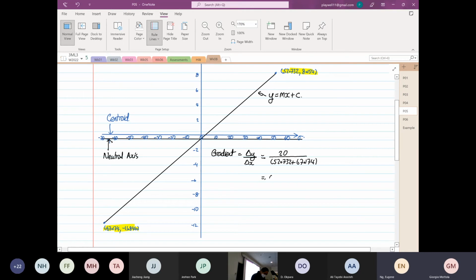It's equal to 166.797, okay, times 10 to the power minus 3. So that's the gradient. Let me do it again. 52.732 plus 67.174, 20 divided by, 166.797. Okay. Then we put into the equation y is equal to 166.797 times 10 to the power minus 3, stress x plus c. Okay, c represents the y-intercept.